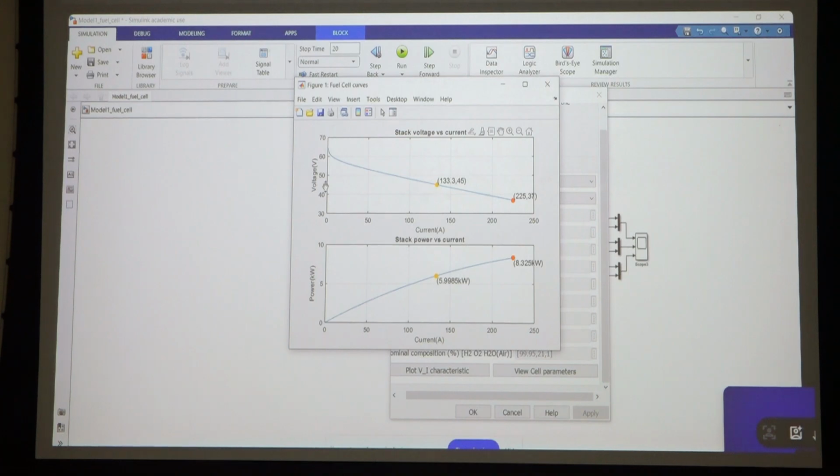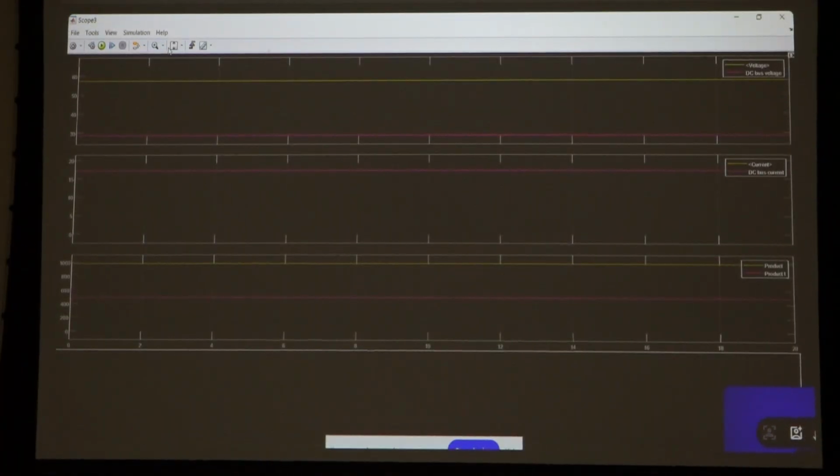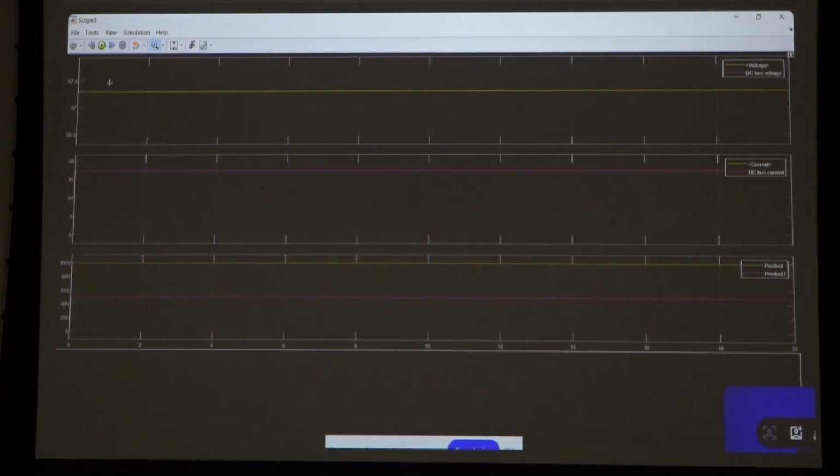So here the voltage is 45 and current is 133.3. But if we see our results, so this is how much. If we zoom in a little bit, our fuel cell operates at like 57 volts.